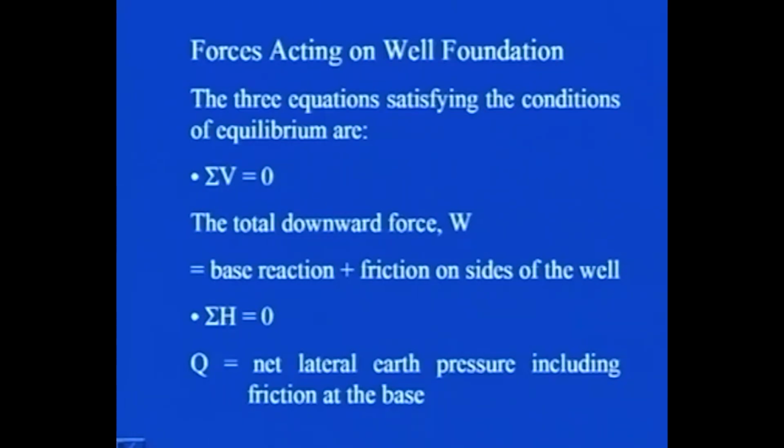The first of the three equations is that the summation of all the forces in the vertical direction is equal to 0. Here I am representing it as summation of V, that is all vertical forces, is equal to 0, which will result in this expression: the total downward force W will be equal to base reaction plus friction on sides of the well.